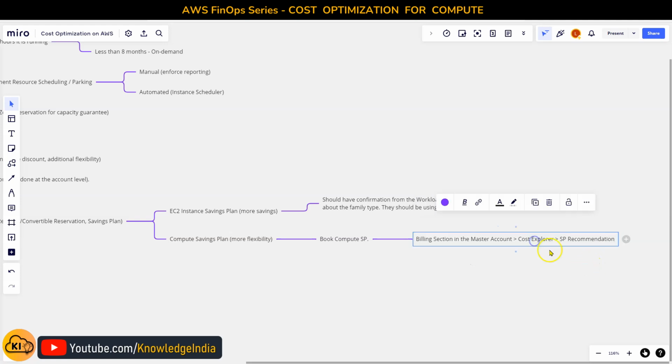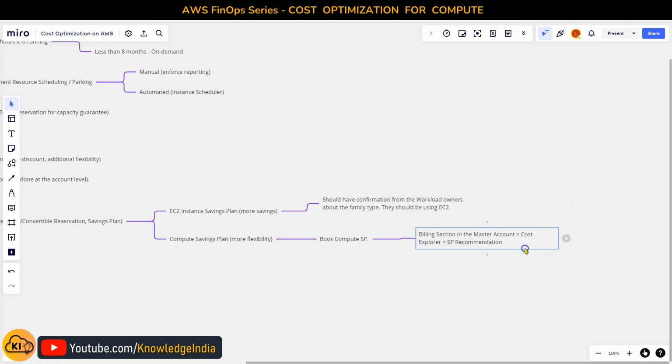So should you just see that and go ahead and commit to whatever is mentioned there? My suggestion would be, no, do not commit 100% of that. A good idea would be that you probably pick up, let's say, 50-60% of what is recommended there.